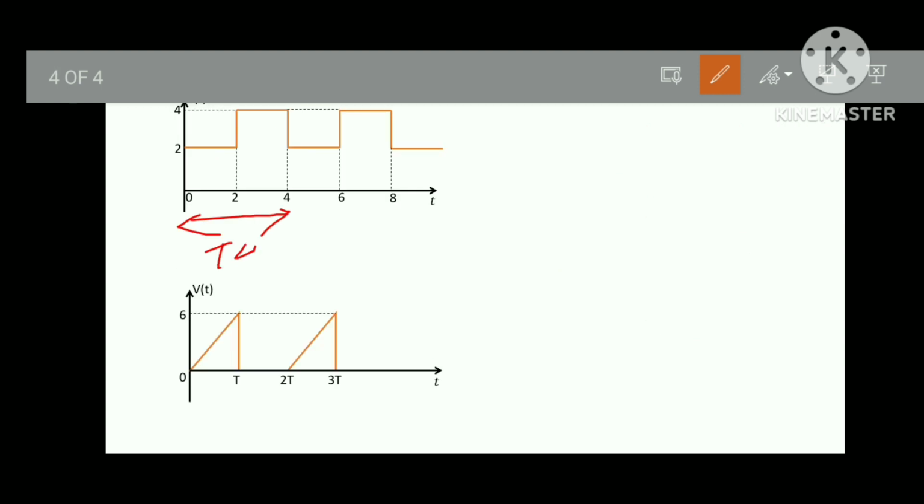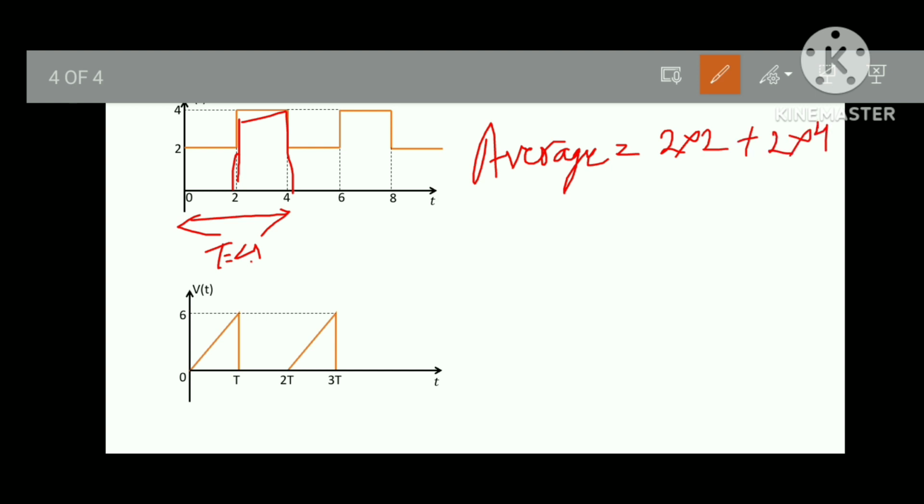Time period is 4. Let's find the area. Average is equal to area of this rectangle, 2 into 2, plus the area of this rectangle, 2 into 4, upon 4.